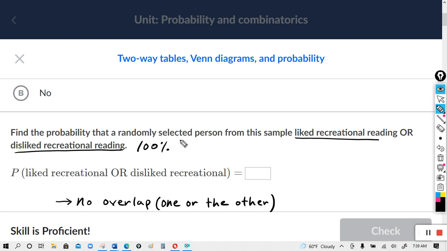Since it has to be one or the other, those two are complements of each other. In this box, it has to be a decimal or a fraction or a number. It can't be a percentage. So 100%, if you move the decimal over two places, equals 1. So you just enter 1 in the box for 100%.